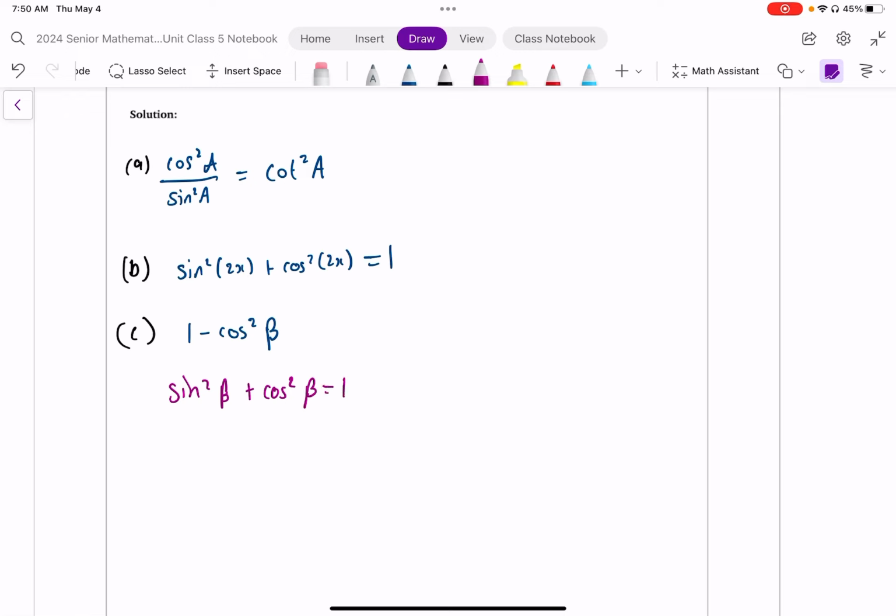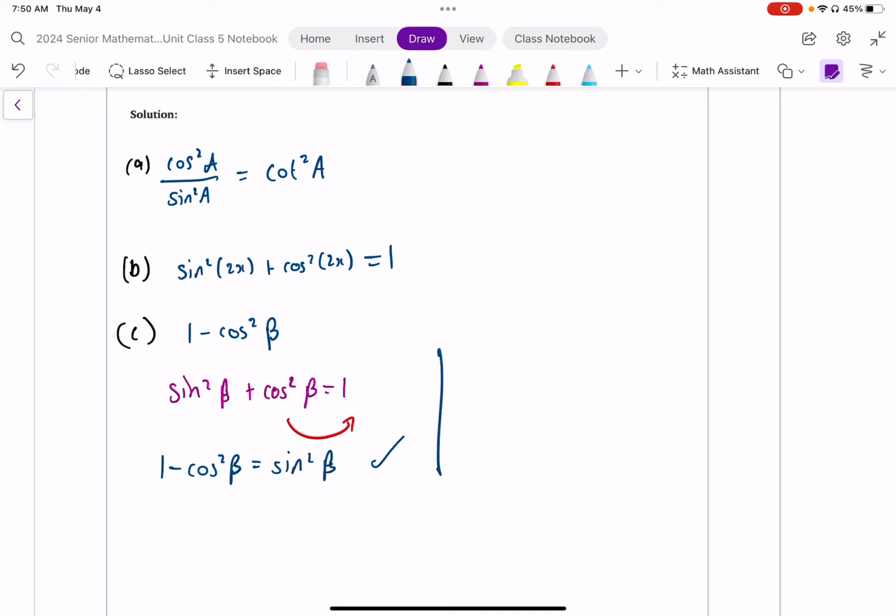Now I could do this way. If I throw the cos squared beta to the right hand side by subtracting it from both sides, then I'll have 1 minus cos squared beta is equal to sine squared beta. And that's going to be my result.